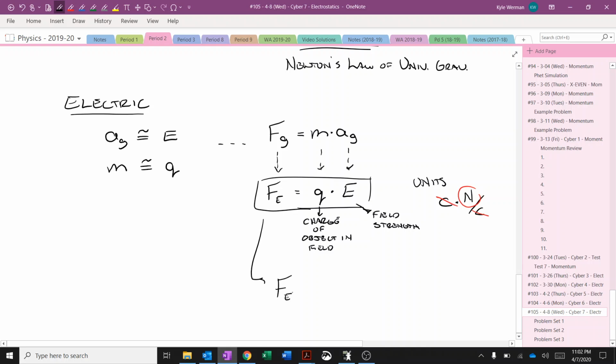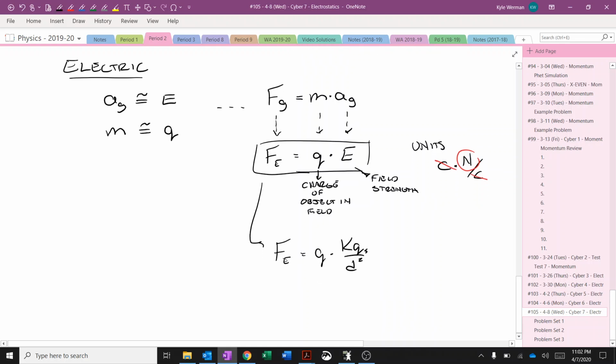The force in an electric field is equal to K, or rather, Q times kQ over d squared, and that's the source, which gives you, if I simplify it, sometimes it's written this way.